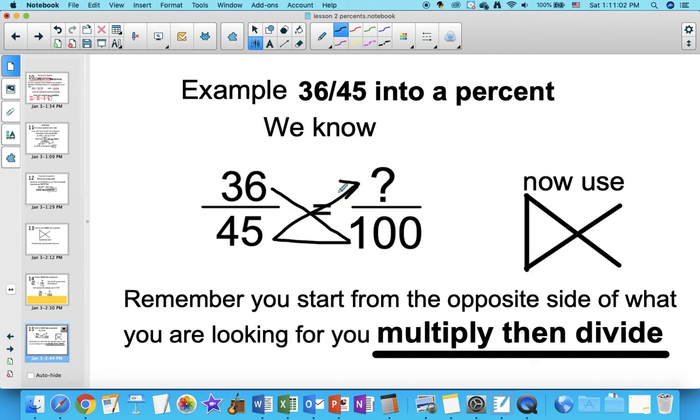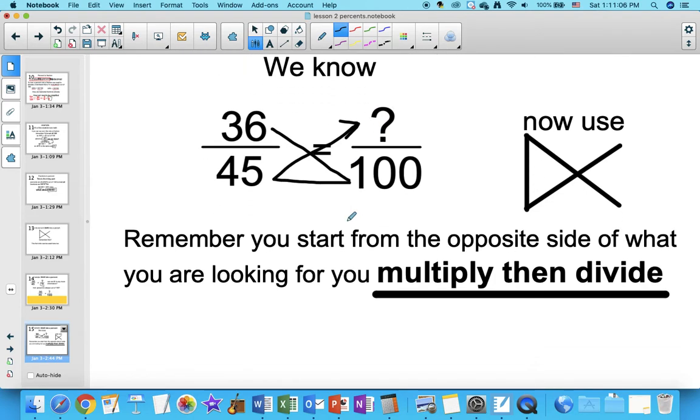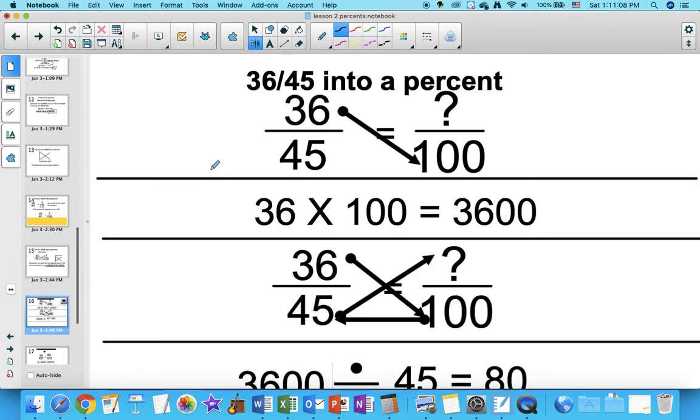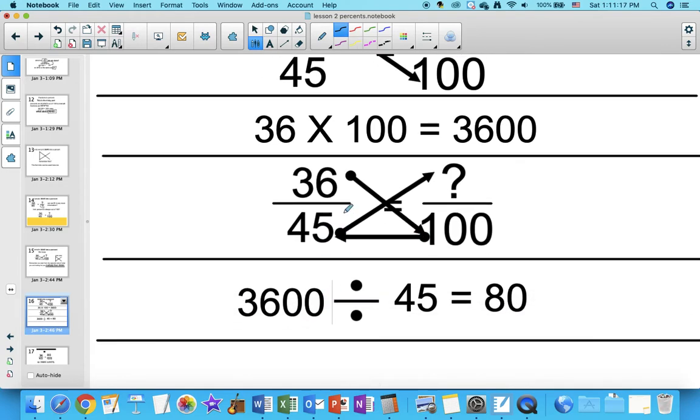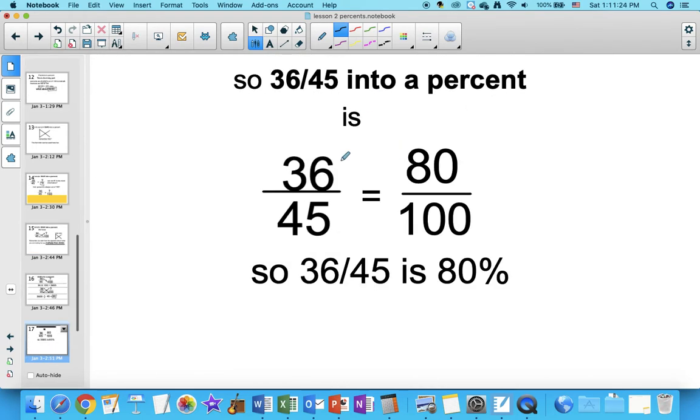So we go 36, multiply by 100 to get 3,600. Then we divide by 45 to get our answer, which is 80. So now we know that 36 out of 45 is the same as saying 80% or 80 out of 100.